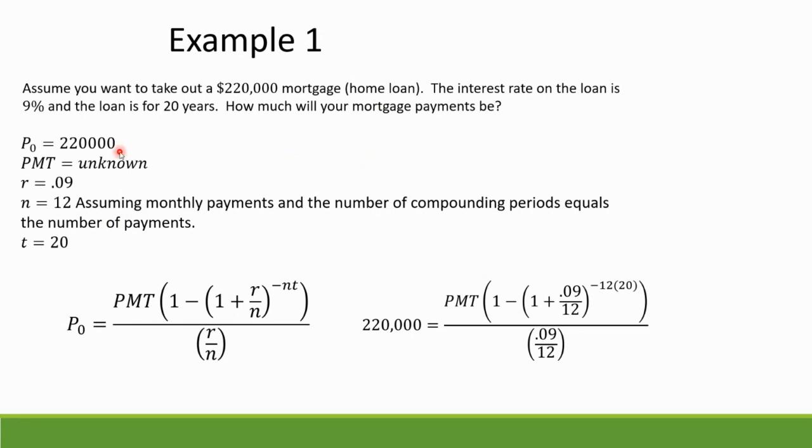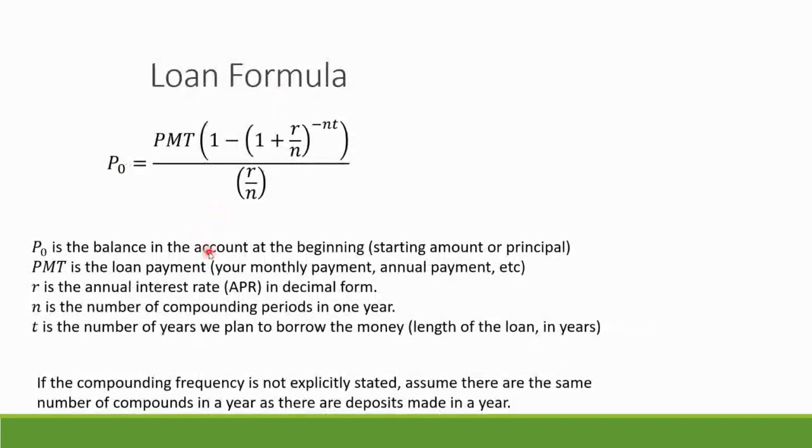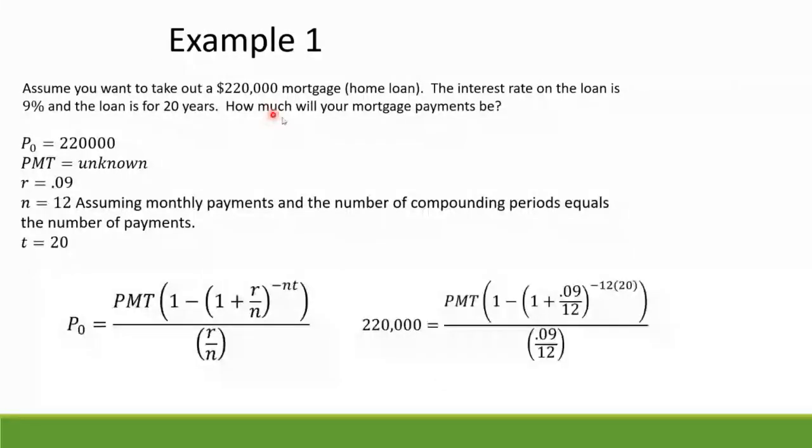So we have P sub 0, the loan balance, the balance in the account at the beginning. PMT is what we're looking for, the monthly mortgage payment. I might have forgotten to write that down, so I'm sorry about that. But it is monthly. R is our interest as a decimal, 0.09.